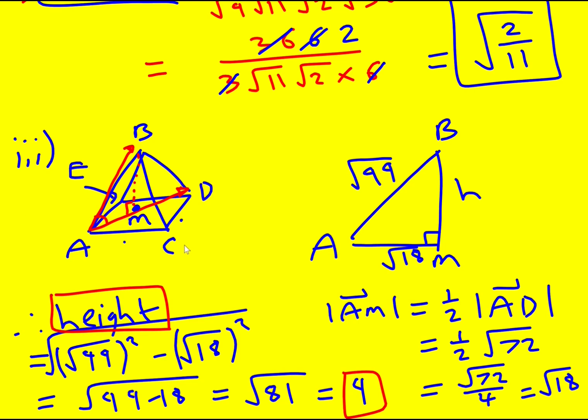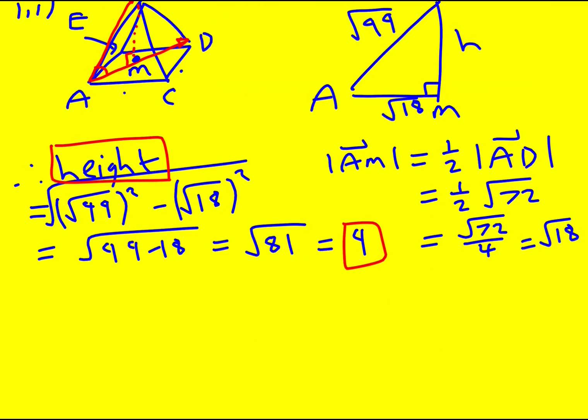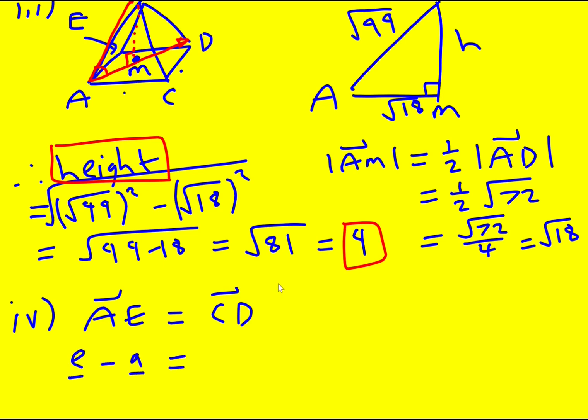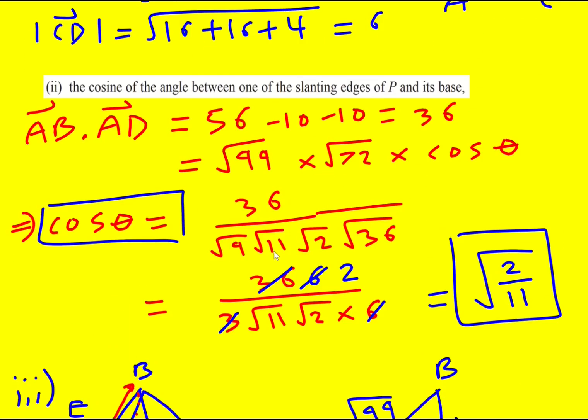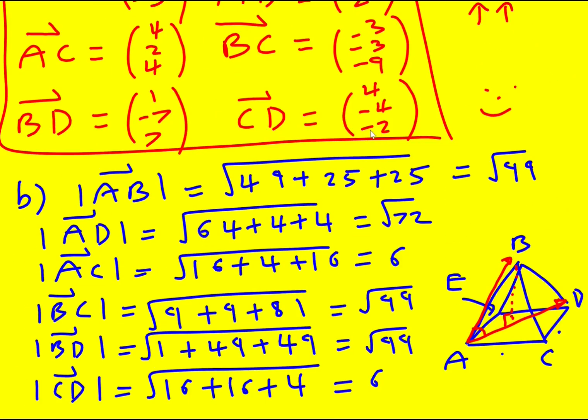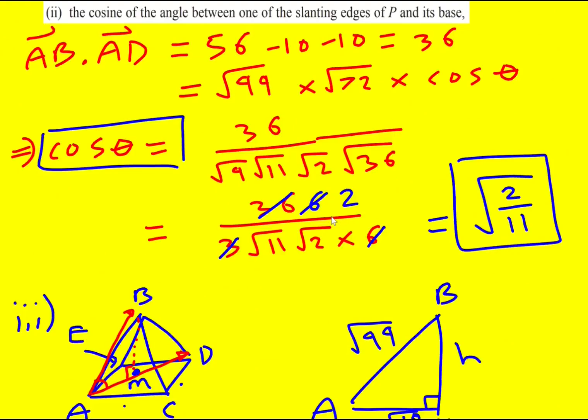For the position vector of E, you can recognize that AE is the same as CD. They're the same vector, and therefore E minus A will equal, well, D minus C, but remember we have it from before. We've got 4, minus 4, minus 2.